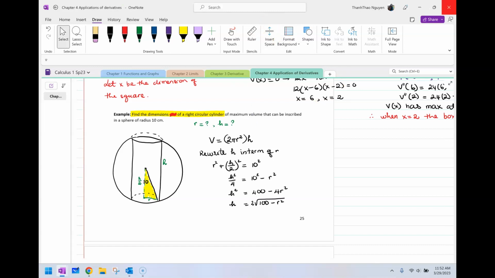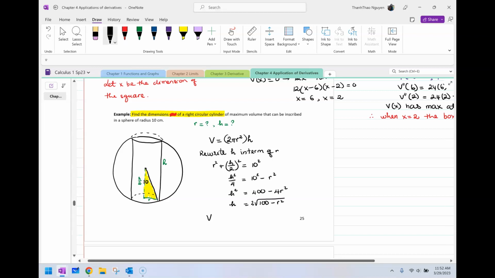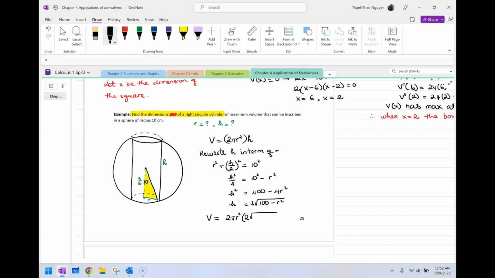And I will substitute that into my formula for the volume. So then the volume now becomes 2 pi r squared times 2 square root of 100 minus r squared. Let's clean this up. This is then 4 pi r squared square root of 100 minus r squared.